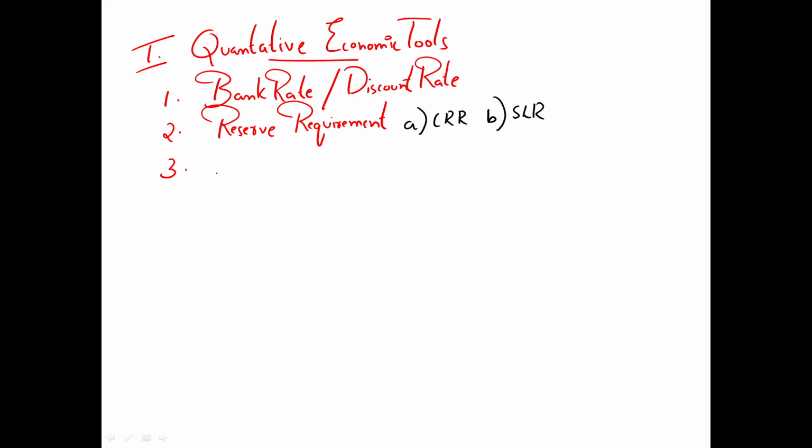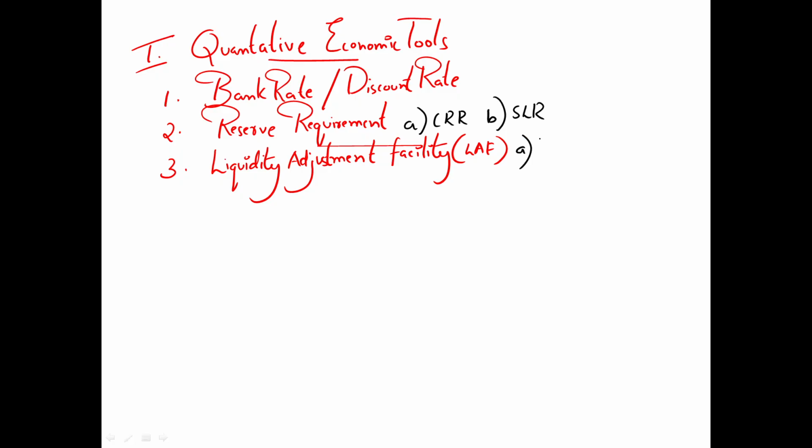Third is liquidity adjustment facility, LAF. There are two kinds of LAF: one is repo rate and the other is reverse repo rate.